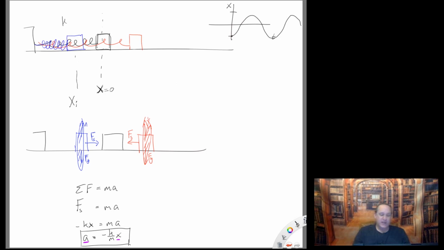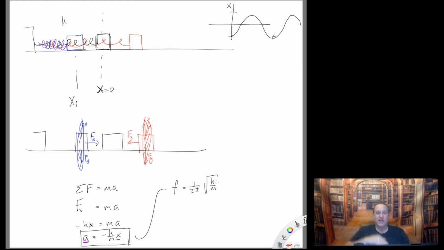But if we do analyze it, what we find out is that the frequency of the oscillation is equal to 1 over 2 pi times the square root of the spring constant over the mass. So frequency is how many times per second it oscillates.